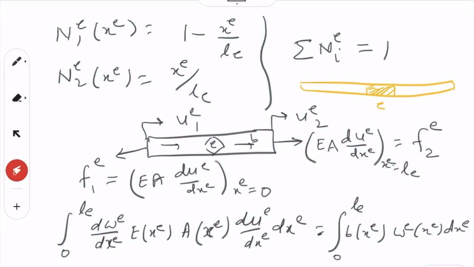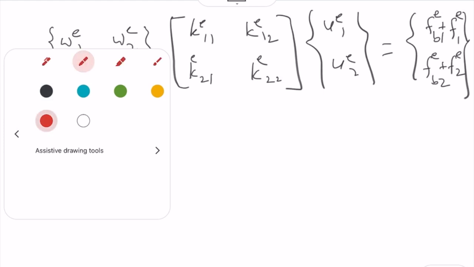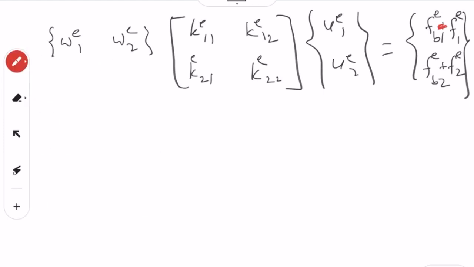So remember here this is the negative side, we call this positive, so we have to say here minus. This has to be minus sign, this will be a plus sign. So accordingly we put values: the first one will be minus sign, the second one will be plus sign.